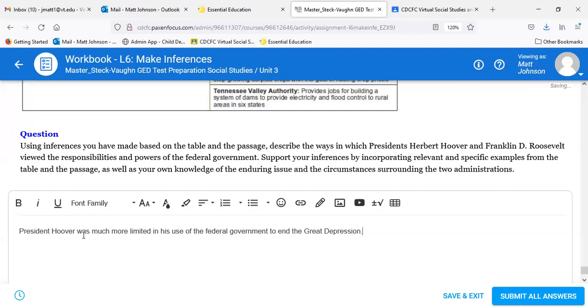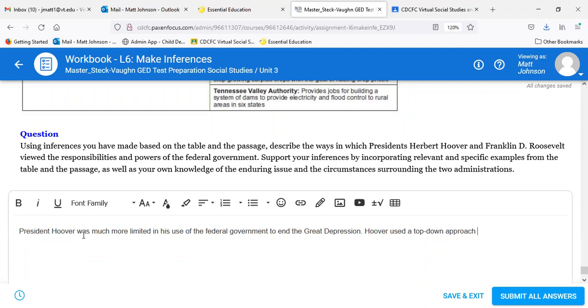Okay. So President Hoover, well, to say Hoover used a top-down approach. And that means, like, the women's suffrage movement was a bottom-up approach, right? It started on the ground.